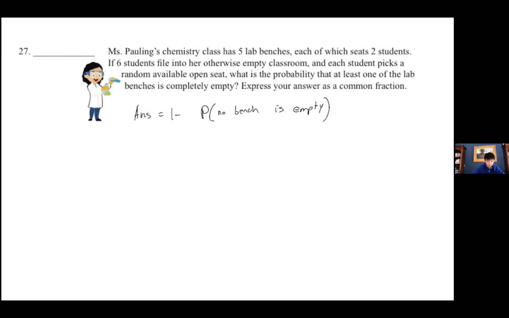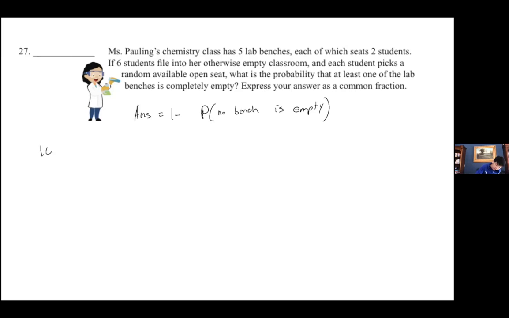So a good practice in general is to first set very clearly whether or not you're going to care about the order in which the students arrive at each lab bench. I'm going to say that we don't care.